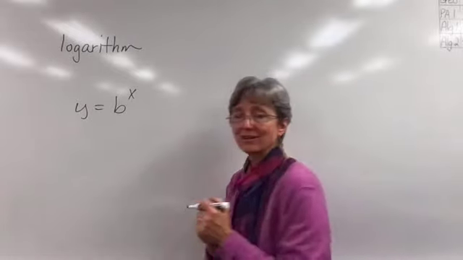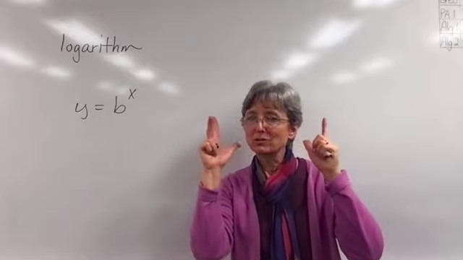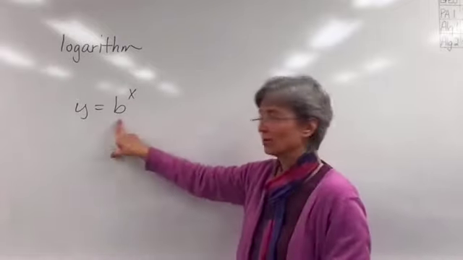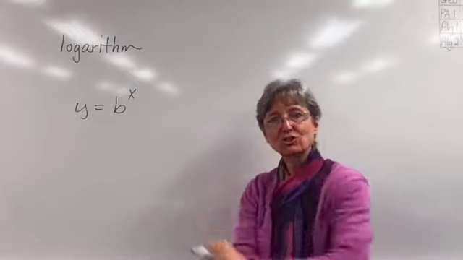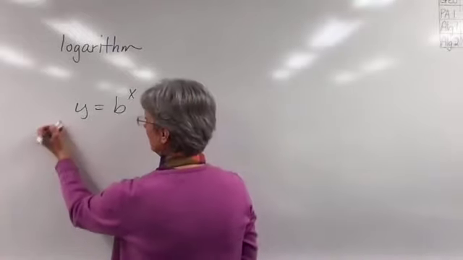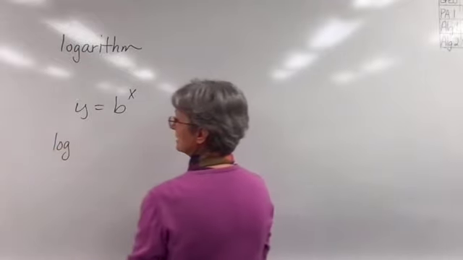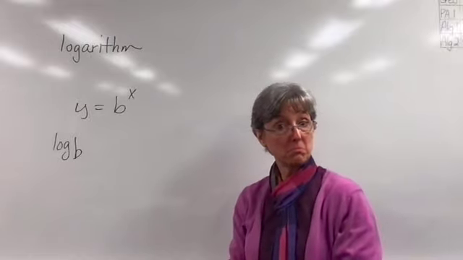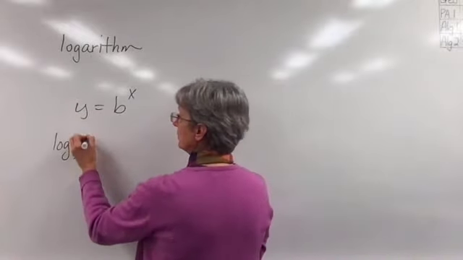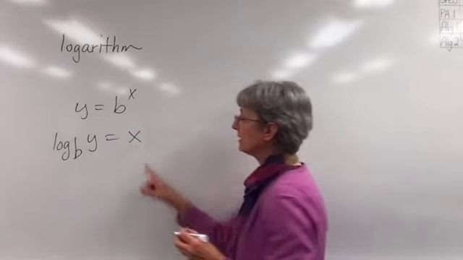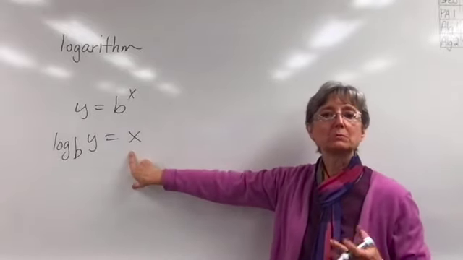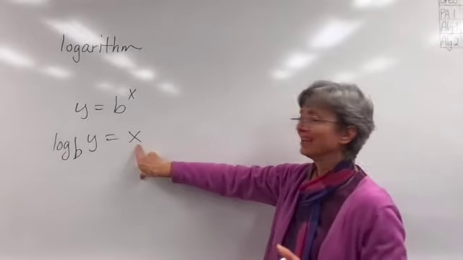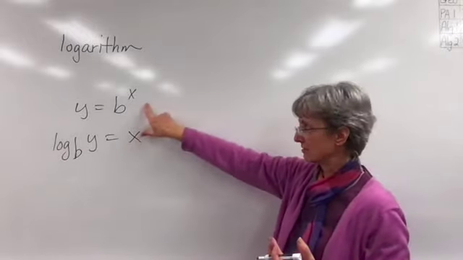You can picture that I take a giant log and grab a rope, grab this base, and swing it over here. The log hooks that base, puts it down below because it's my base, and brings it over here with the y. Notice now my exponent becomes the answer.